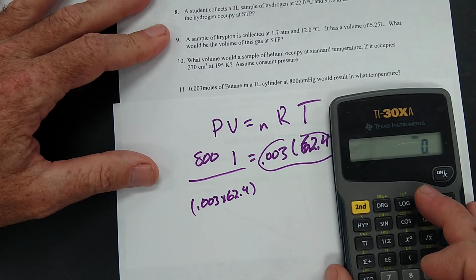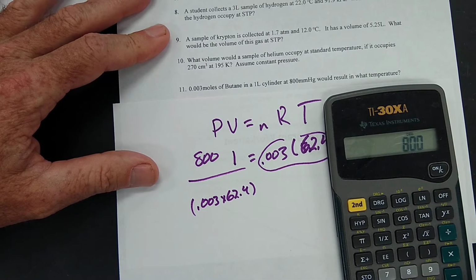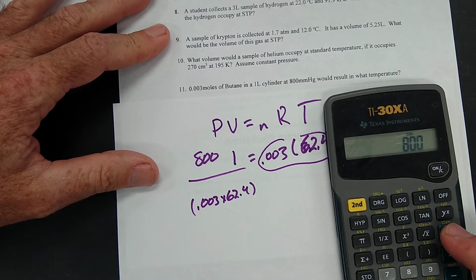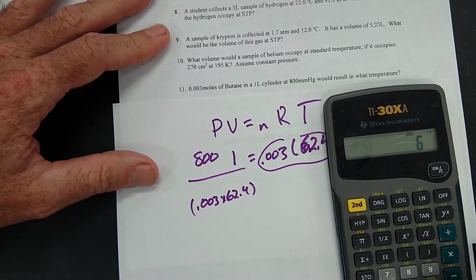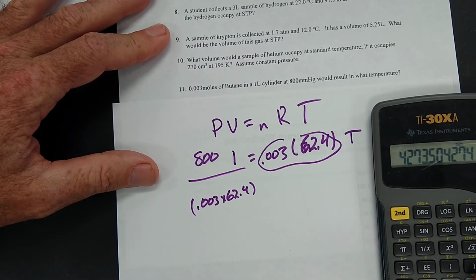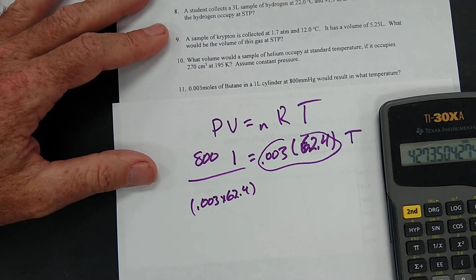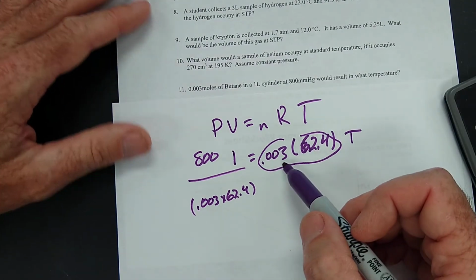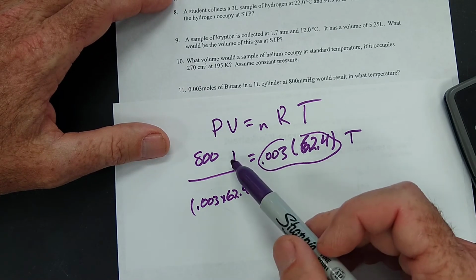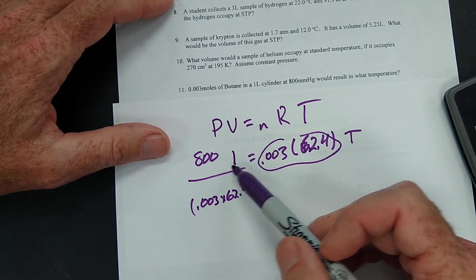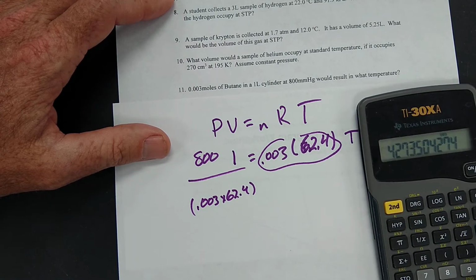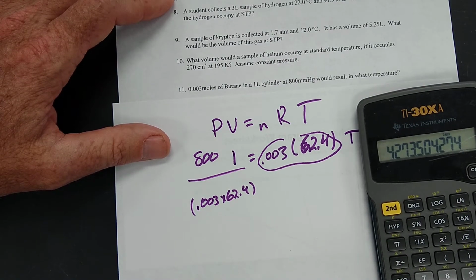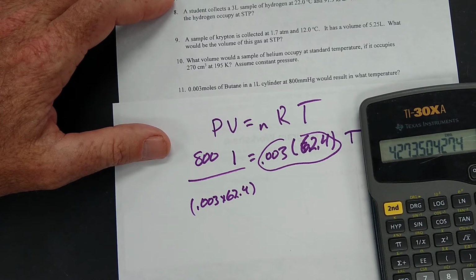Let's try that again. 800 divided by 0.003 times 62.4, close parentheses, equals. Something about this doesn't seem right to me. 0.003 moles. Maybe I'm just trying to work too fast. In a 1 liter cylinder. No, that is right. It would be super hot because it's very little gas to create that much pressure.